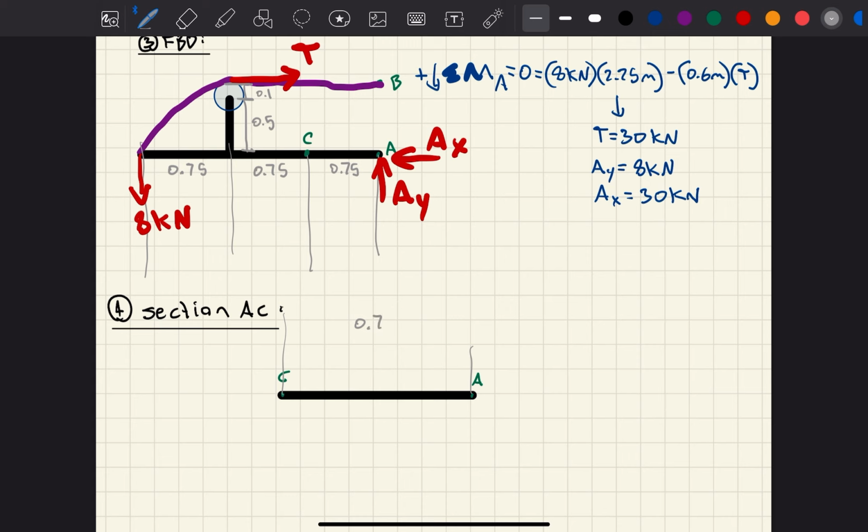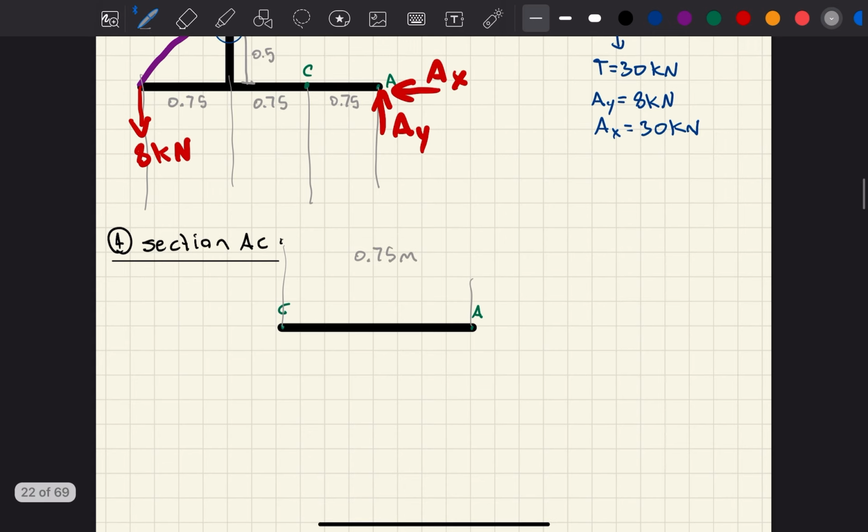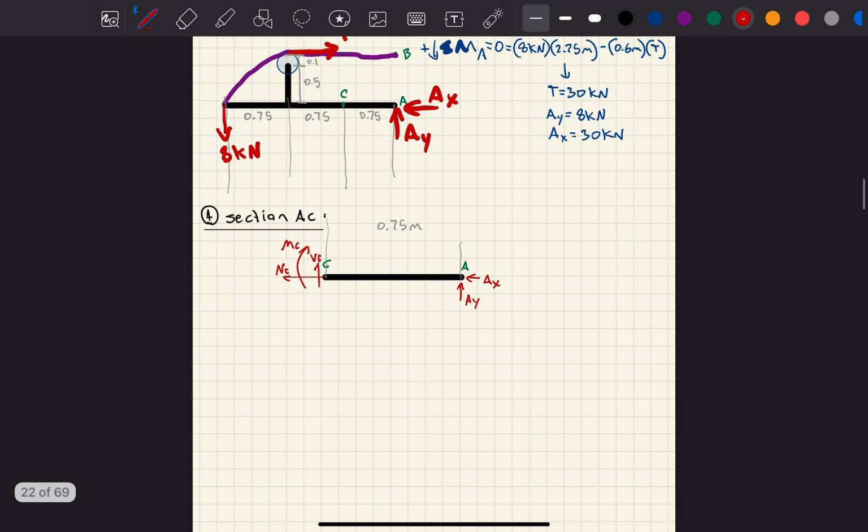This is 0.75 meters. You have AY, AX, and then you have, let's say, NC, you have VC, and you have MC. Perfect. And our goal is to try and find these three.